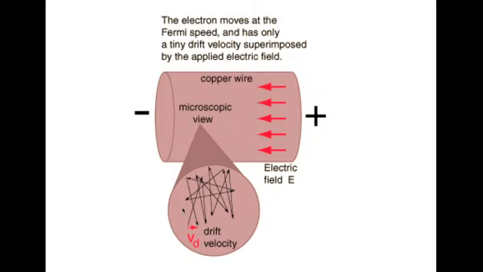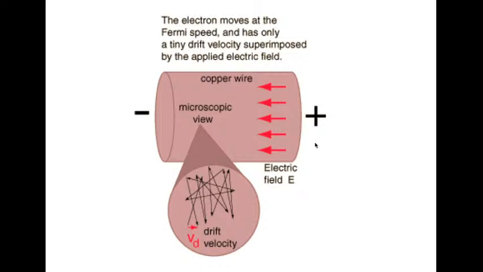Here's a nice image. The arrows are of this electron bouncing around randomly, but if you add up all of these velocity vectors, at different points in time, the sum of all of those velocities will be slightly to the right.